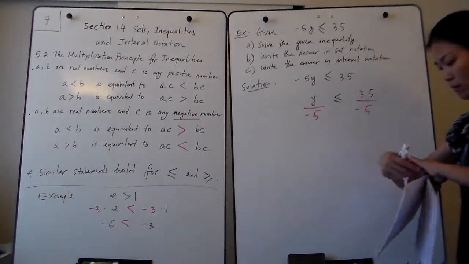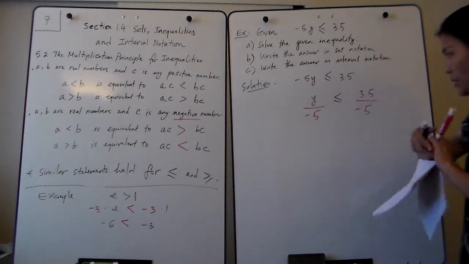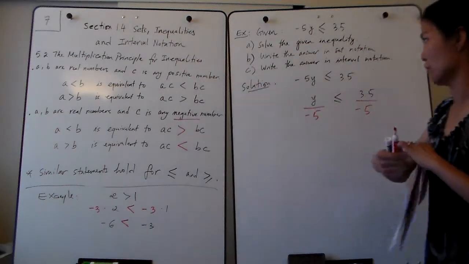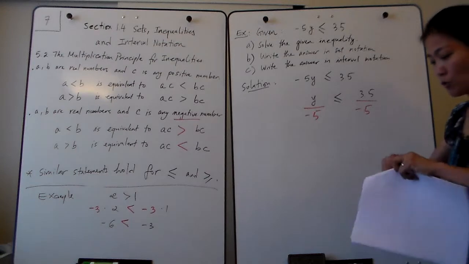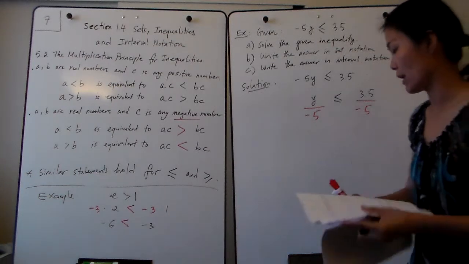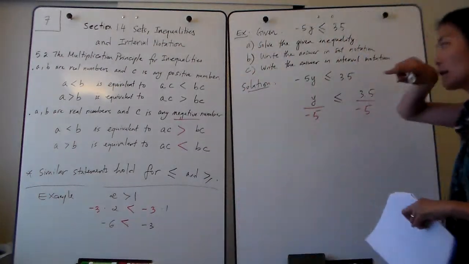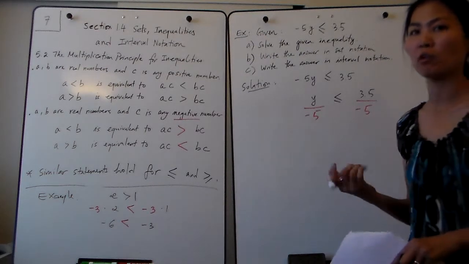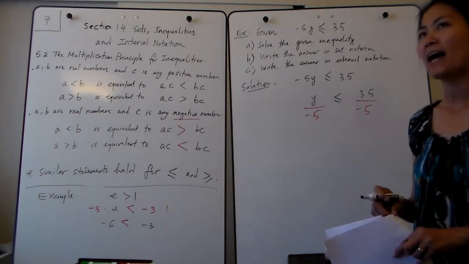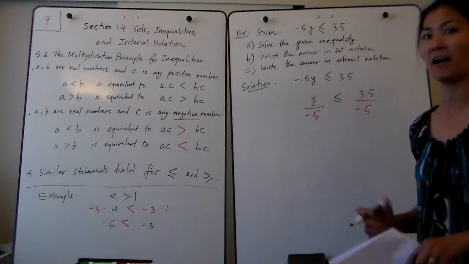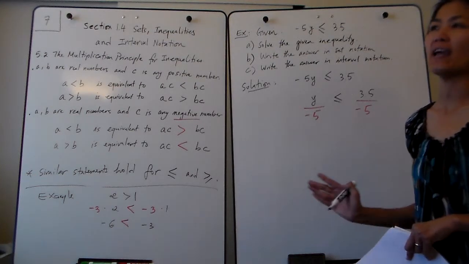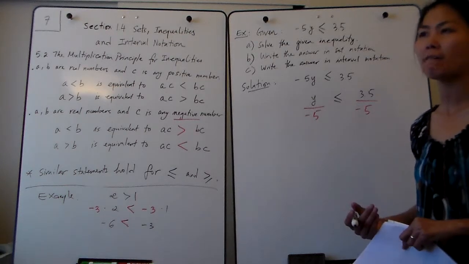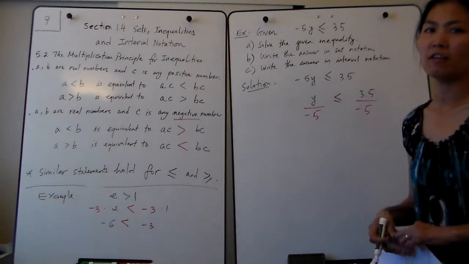Now, before you continue, make sure you check with the condition here. Asking, do I divide or multiply the number that is positive or negative, the number I use to multiply to the inequality, does that number positive or negative? Because if it's positive, you can maintain the inequality symbol. If it's negative, you have to reverse the inequality.